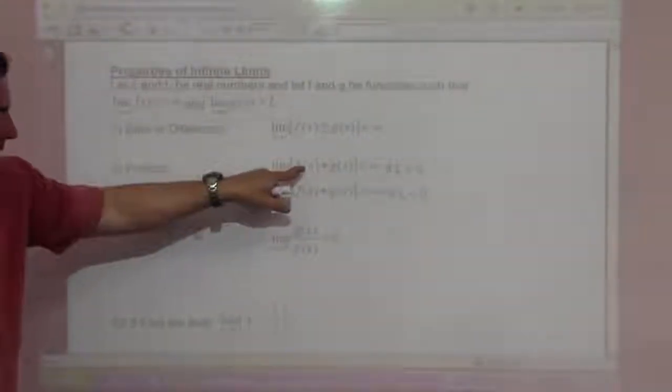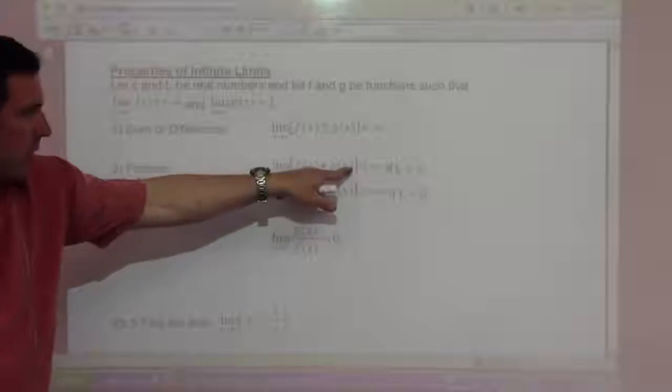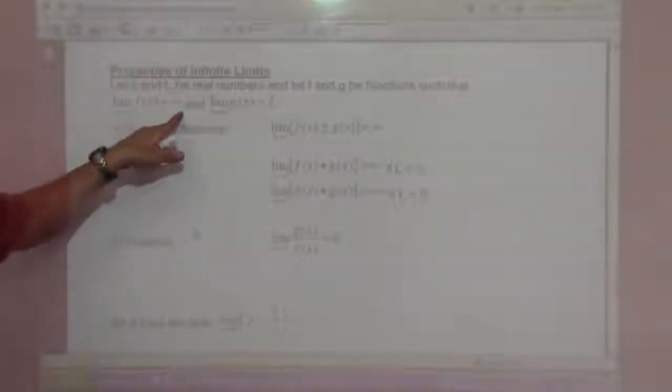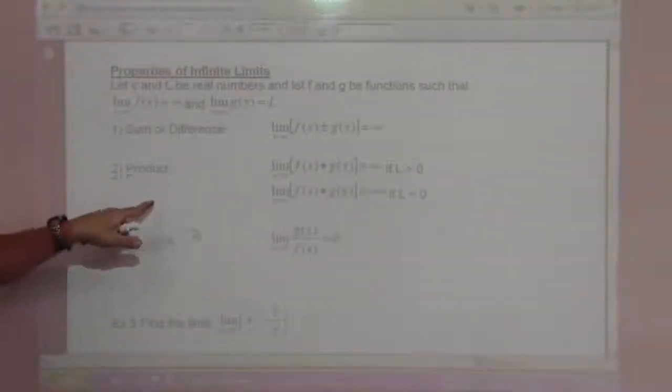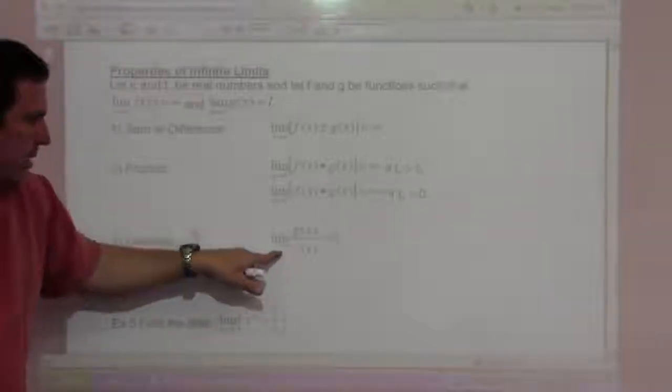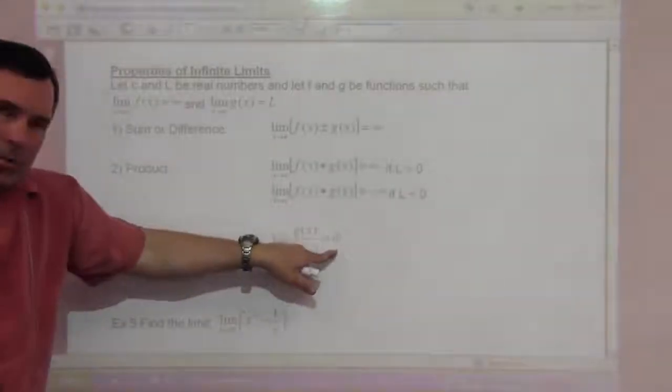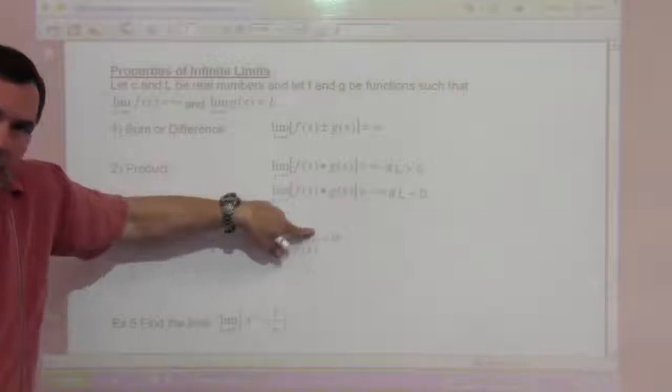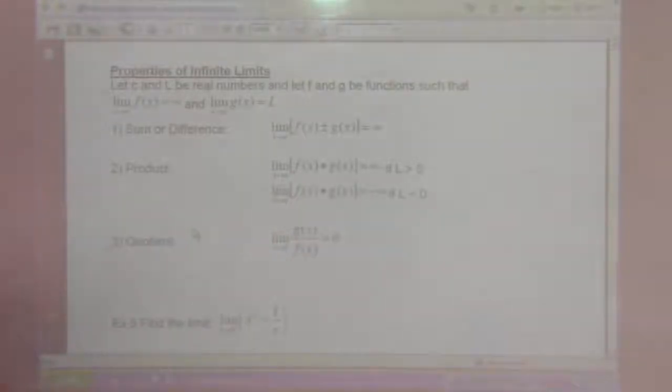Product, the limit as x goes to c of f of x times g of x is going to be infinity. That's because the f part's infinity. And then quotient, the limit as x goes to c of g of x over f of x is 0. So if we divide a constant by infinity, we get the 0.